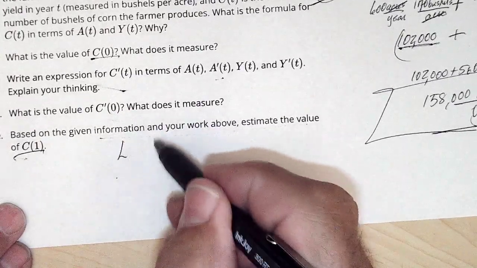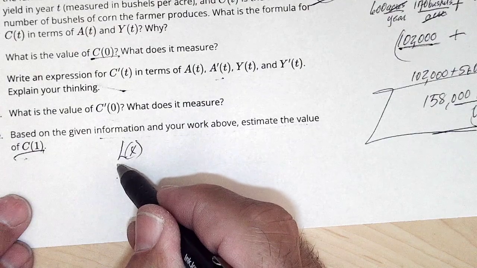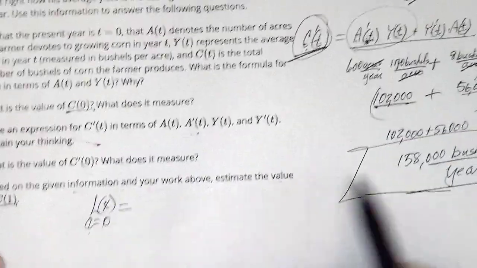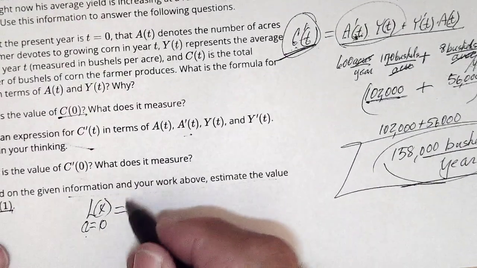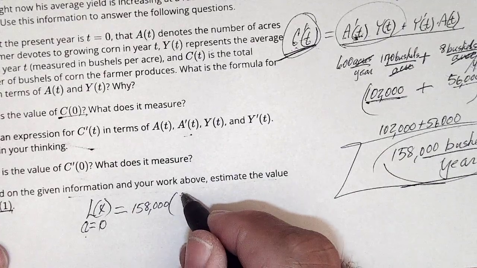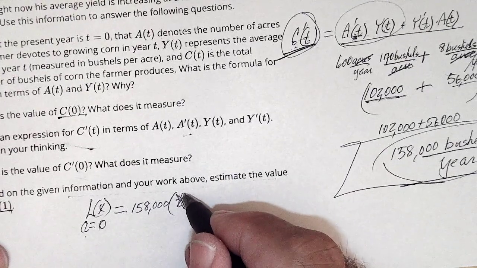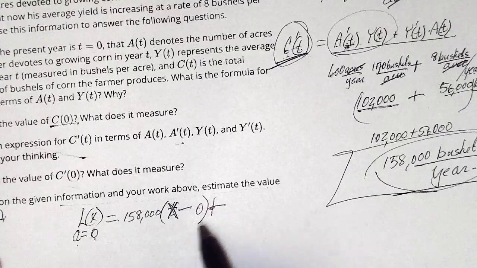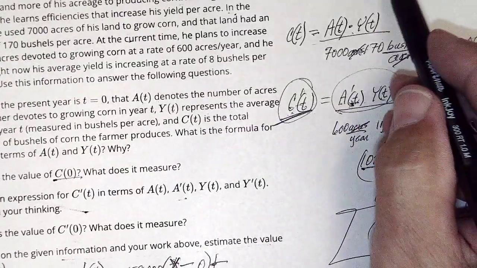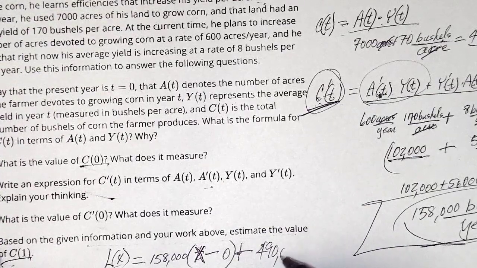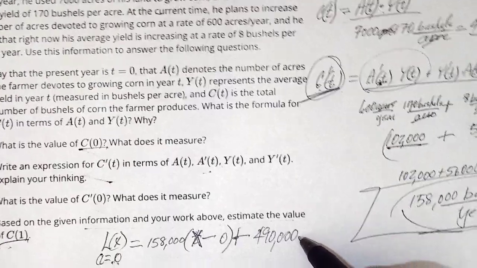So we're going to do a linear approximation at time t equals 0, so we're going to do the change of production, 158,000 times the year, or time, or x, whichever you want to call it, minus 0, plus how much we had at the current year, which we worked out to be 490,000 bushels.